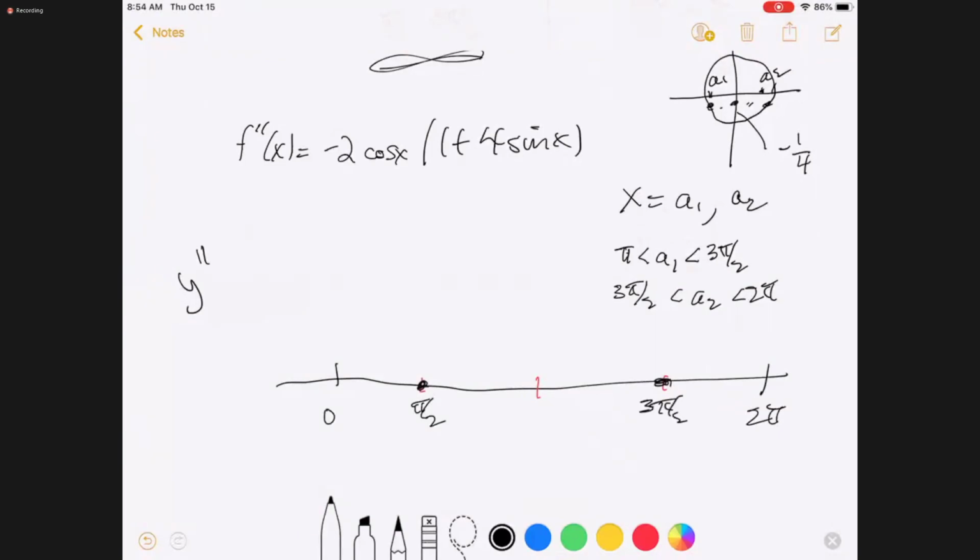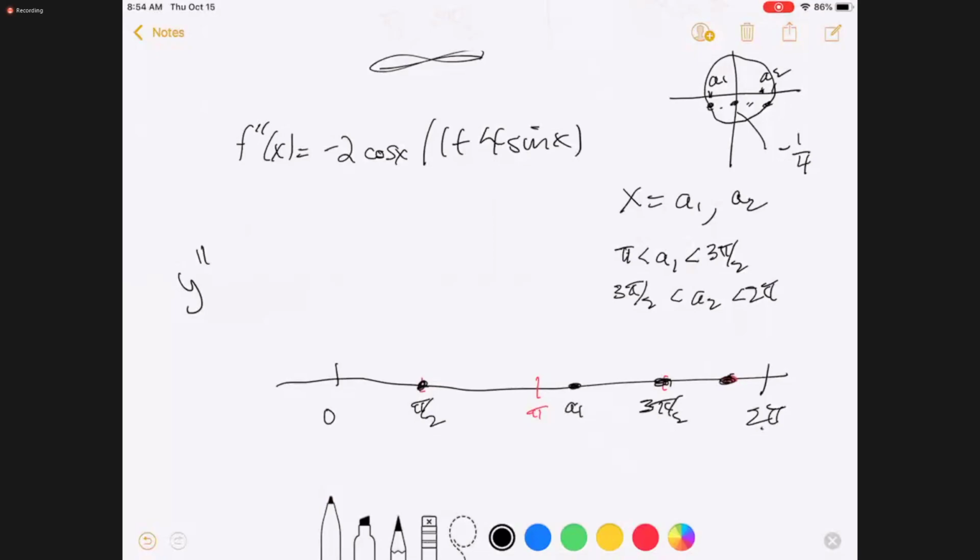And then I have 2 more. This A1 between pi and 3 pi over 2, because this number is pi, and A2 between 3 pi over 2 and 2 pi.